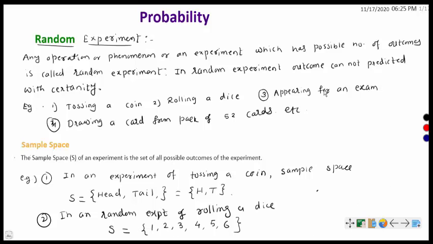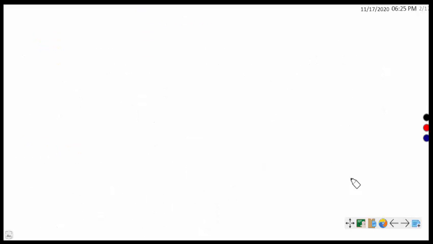Third one, appearing for an examination. What is the sample space for appearing for an examination? The random experiment is appearing for an examination.